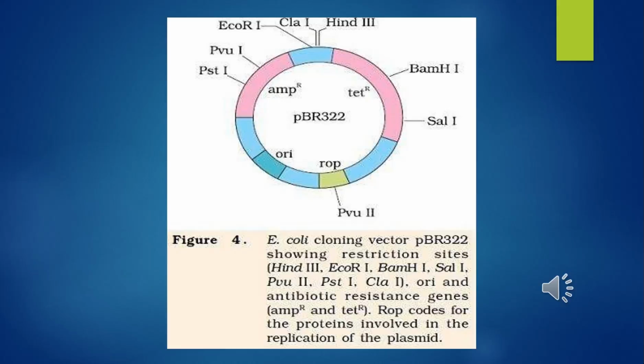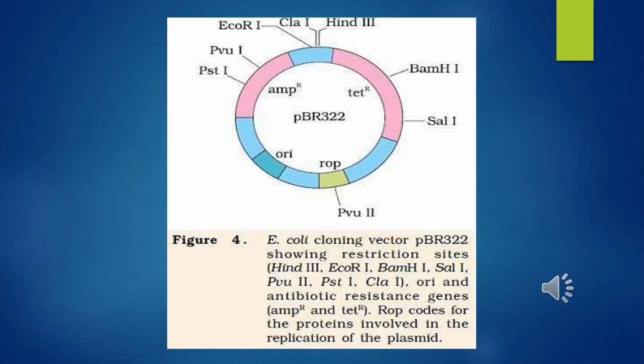The most widely used versatile vector, that is pBR322, which you are watching in the diagram, is an ideal plasmid vector. This was the first artificial cloning vector, constructed in 1977 by Bolivar and Rodriguez. It's widely used in gene cloning experiments. So the nomenclature is pBR322 plasmid.